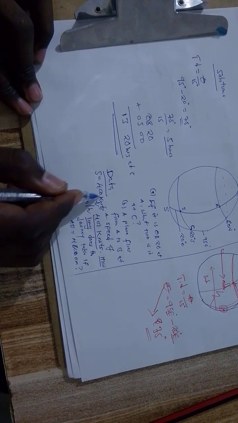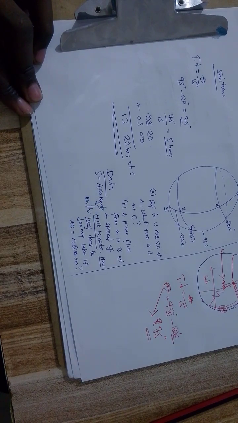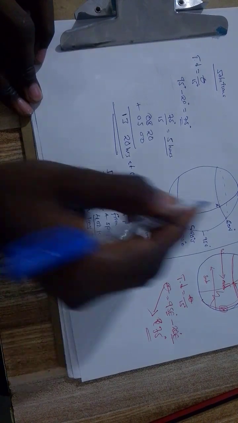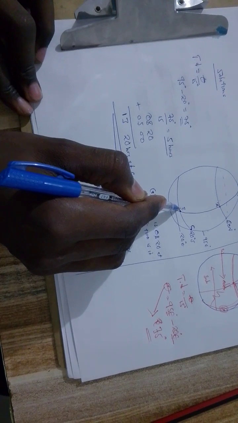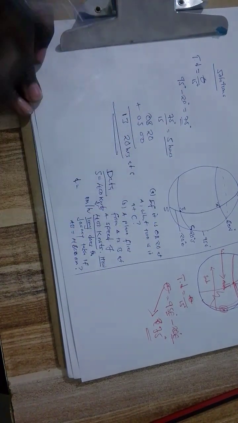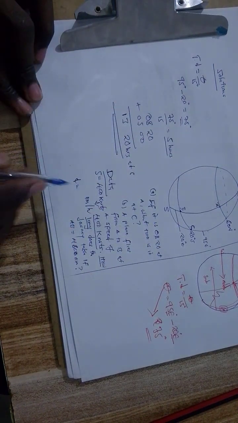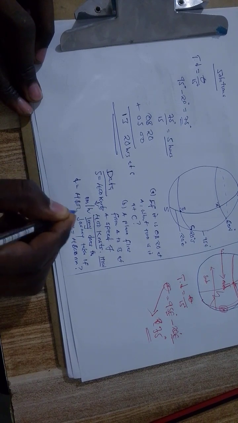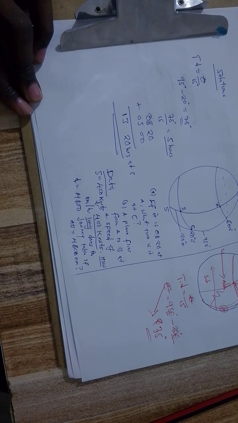Then distance AB, which is along longitude, is 4,800 nautical miles.